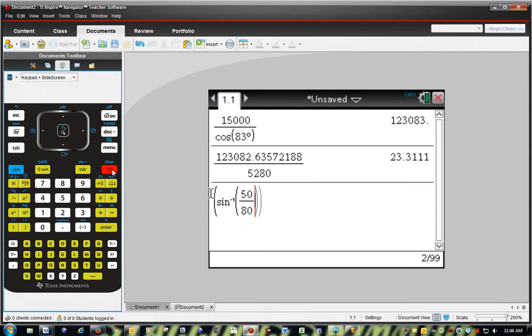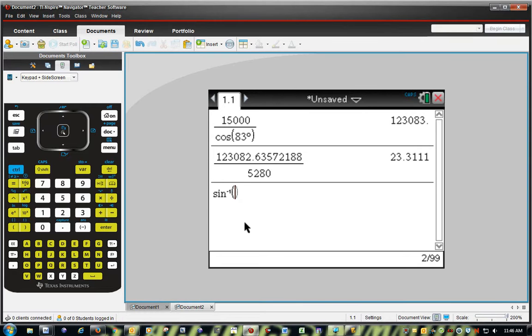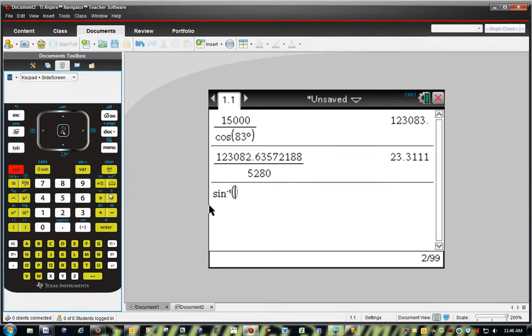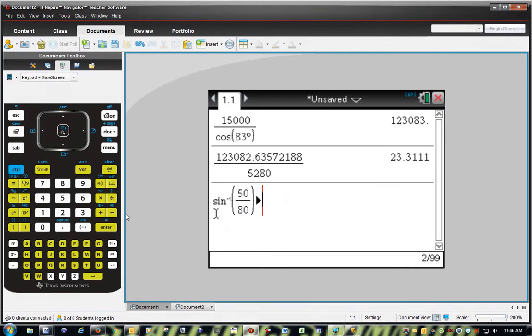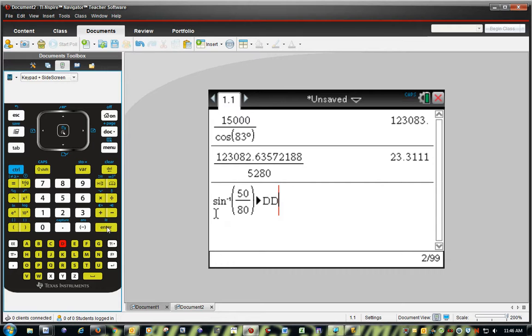Here's what we did. We go inverse sine. We want 50 over 80. Then you hit right and you close the parentheses. Then you hit control book. It gets you the arrow. You hit DD and you get your answer, 38.6822.